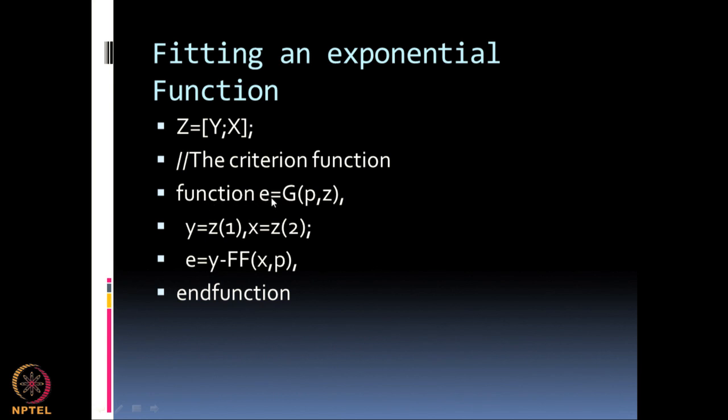Function E is equal to, E is equal to G(P, Z) complete, then Y is equal to Z1, X is equal to Z2 semicolon, E is equal to Y minus ff(x, p). So, Y was my original data, ff(x, p) is the calculated fitted data.